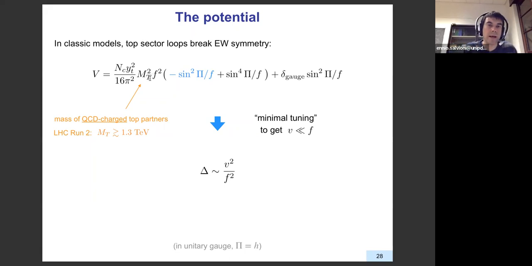They are QCD charged, and searches at the LHC tell us that these particles cannot be lighter than, say, 1.3 TeV by now or so. So this sets a lower bound on the size of the potential that we have to keep in mind. A potential like this also requires generically some tuning in order to achieve V much smaller than F. There is no principle why this would be the case. And so there is this tuning, which is what I mentioned: V over F squared is the size of the tuning. This is all very standard, but it's important to introduce it this way because then we can understand what we will change in trying to address this problem.